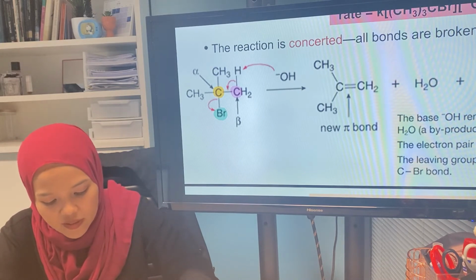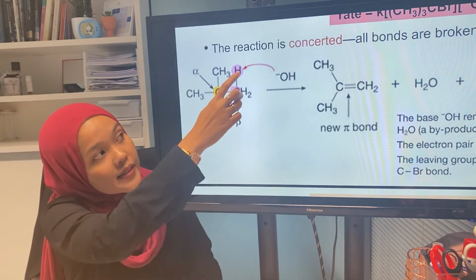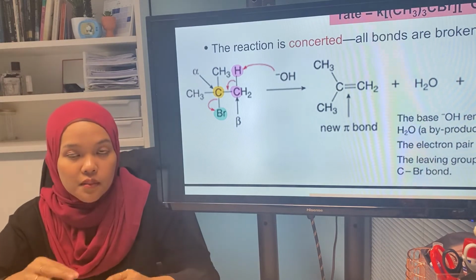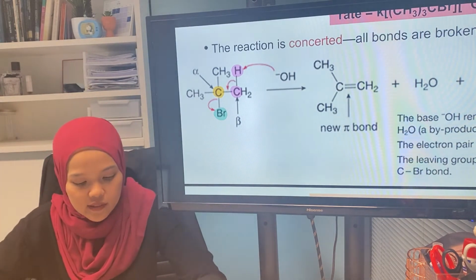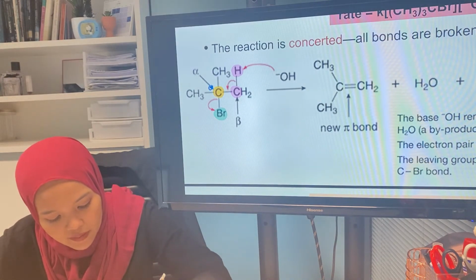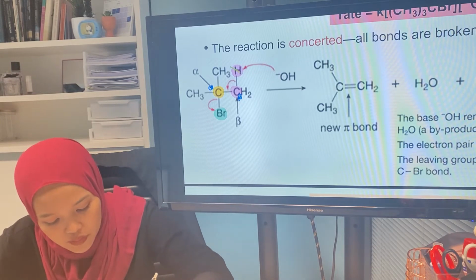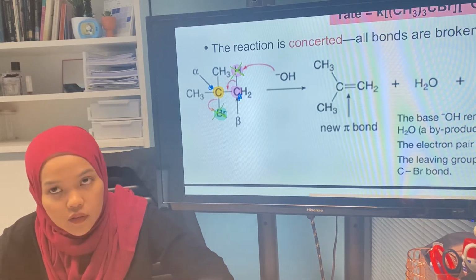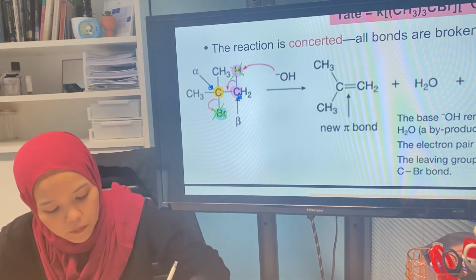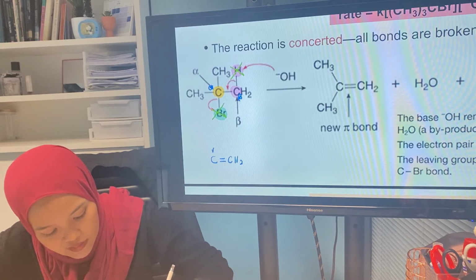This carbon has a beta hydrogen. So you need to draw out the beta hydrogen. You need to show it because later we are going to show the mechanism. So now this is our alpha carbon, beta carbon. We are going to remove the hydrogen and Br. So your product, you should get something like this: CH2, CH3, CH3.